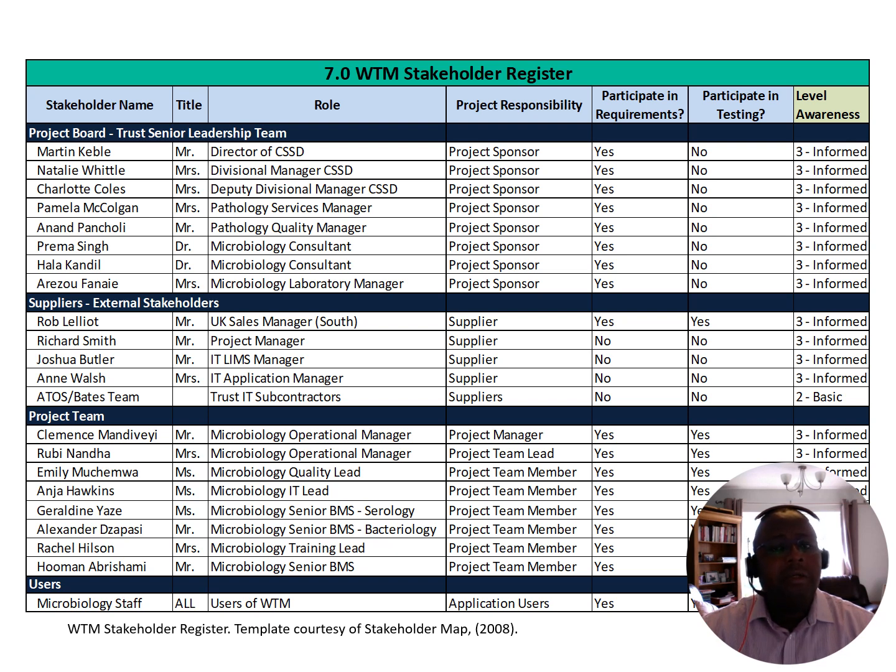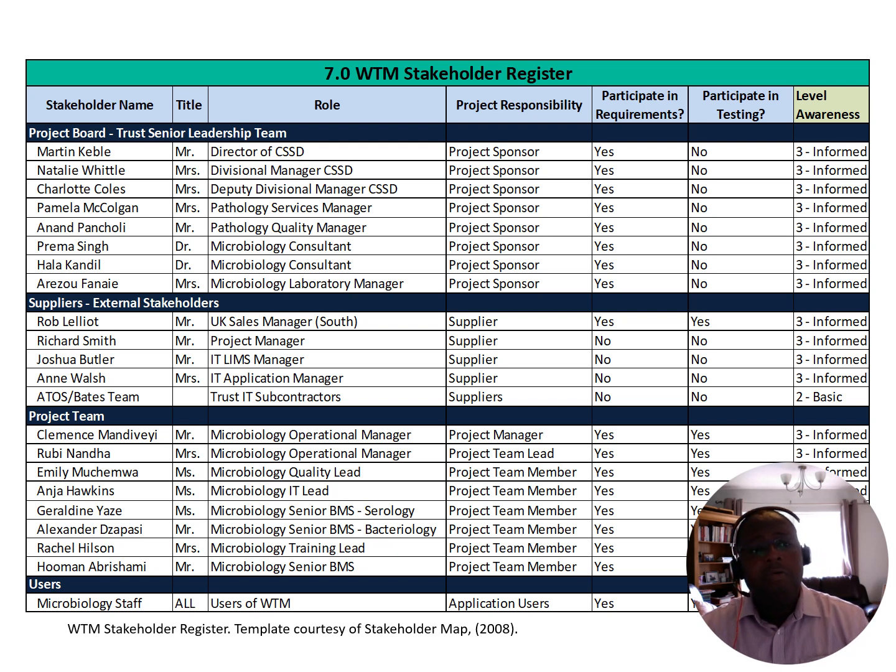So I did a list of all the available or prospective stakeholders from the trust senior leadership team, which manage or lead the clinical support services division, to suppliers such as Celsius, represented by Rob Elliott, to Trust IT, Pathology IT, and so forth, up to the microbiology project team, and ultimately to the users, which are microbiology staff.